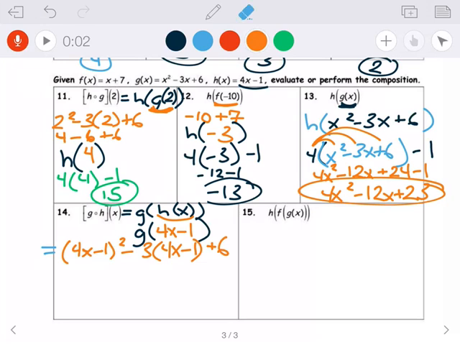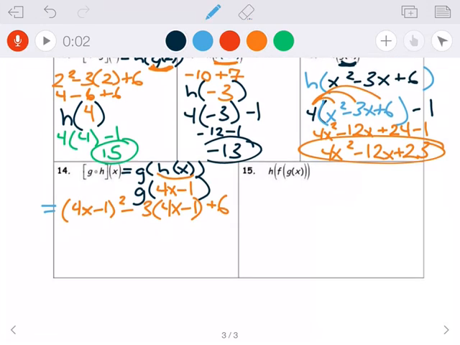That quantity 4x minus 1 squared is the same as writing 4x minus 1 times 4x minus 1, which you can find the result of by doing the box. So if I do 4x times 4x, I'll get 16x to the second. Negative 1 times 4x would be negative 4x. 4x times negative 1 would be negative 4x, and negative 1 times negative 1 would be positive 1.